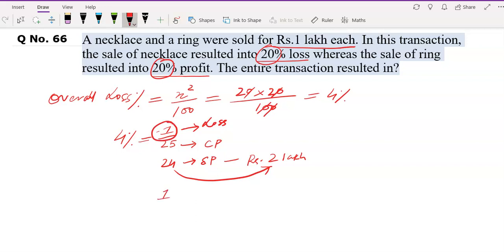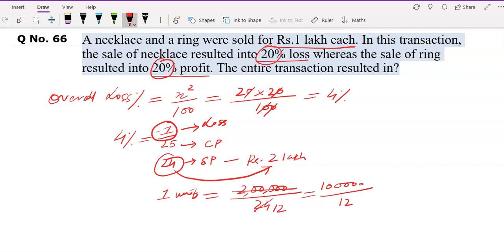So 1 unit will represent how much? 2 lakhs divided by 24. 2 12s are 24, so that means rupees 1 by 12 lakh. So this is our answer, and this is loss.